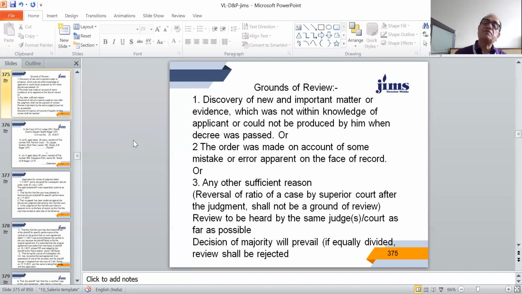This position will come in the High Court or Supreme Court, not at the trial court, because in the trial court, all judges are sitting individually. But in the High Court, if there is a 3 judges bench and you have applied for review before them, then the decision of the majority will prevail.